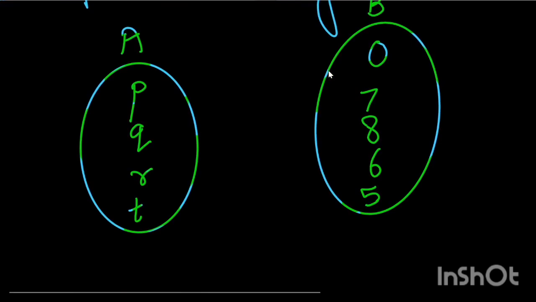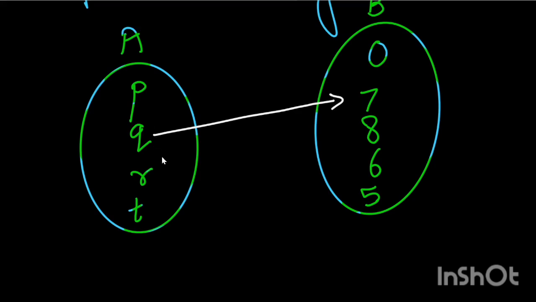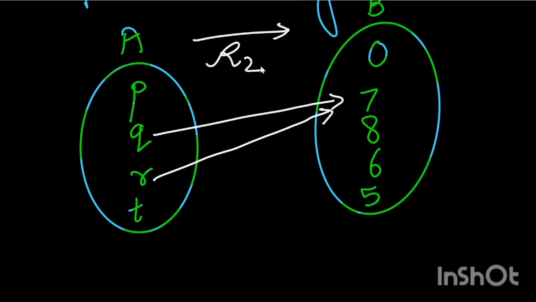So now what I will do, Q7, I will make an arrow. So that's why it is called an arrow diagram. Then R7. So this is a relation R2 defined from A to B, and the elements which are associated from A to B are connected by an arrow starting from an element of set A and ending at set B, ending with an arrow mark.